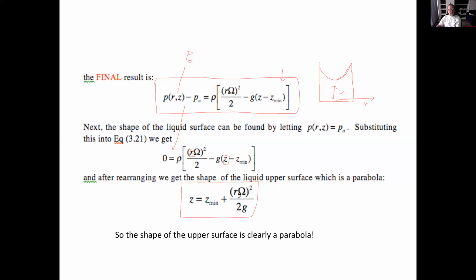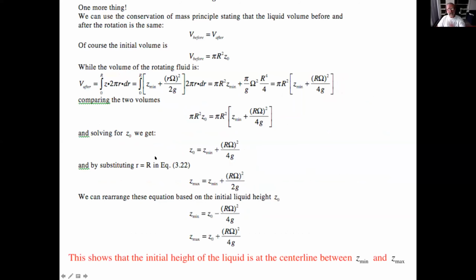Now, okay, so we answered the second question. We had the first question, what is the pressure inside? This is one. And then what is the shape of the surface? This is two. And then I added one more thing, and I said it would be nice to figure out how this relates to the initial condition when the fluid is level and the container is not spinning.